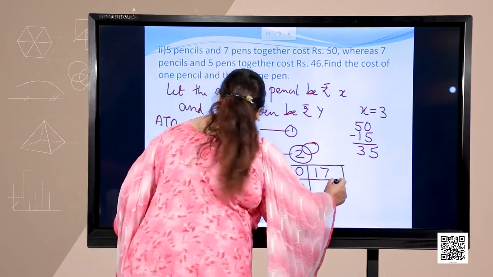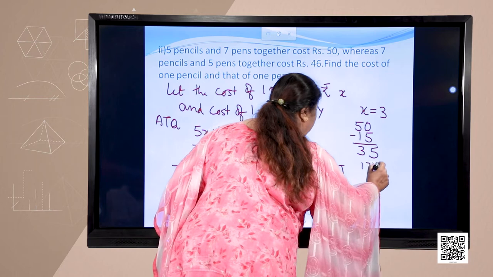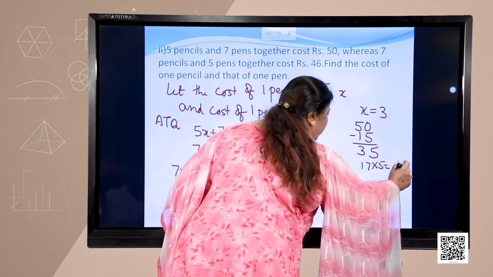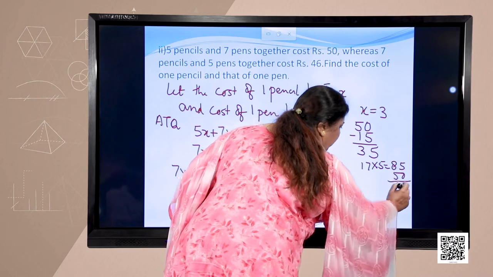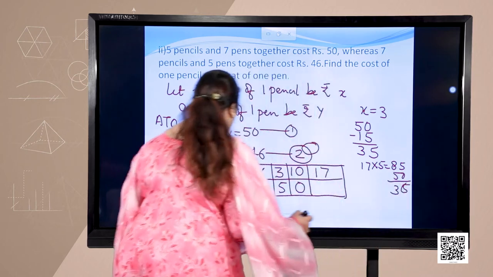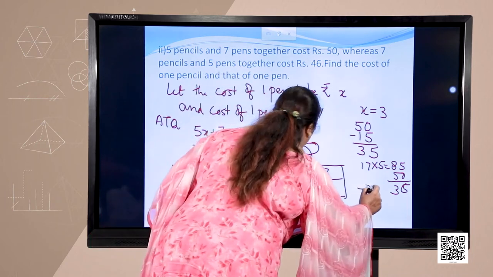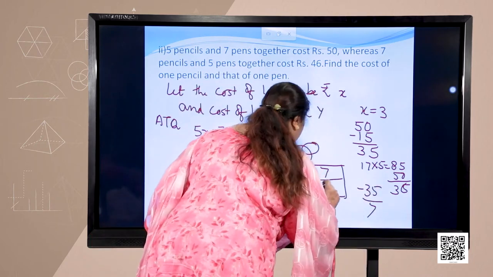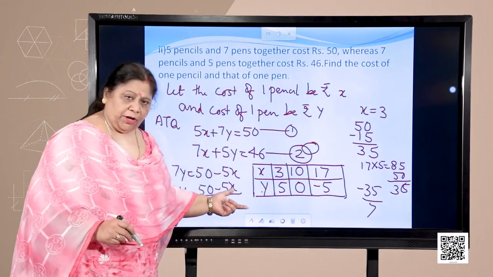So what is 17 fives? 85 minus 50 gives me minus 35. So what is minus 35 by 7? Minus 5. So this way we can calculate the points.